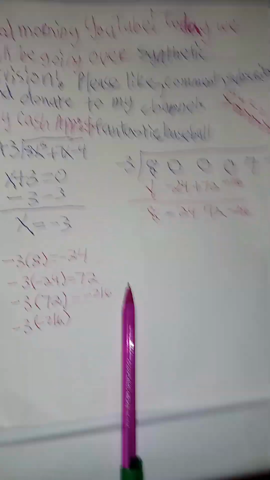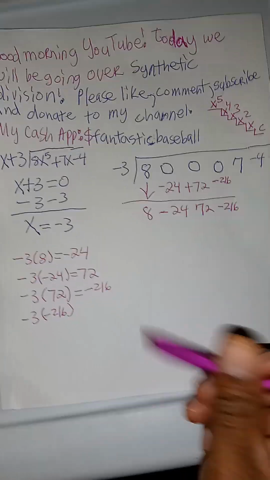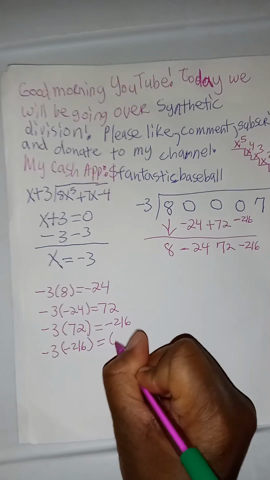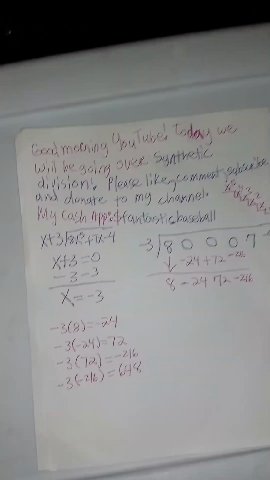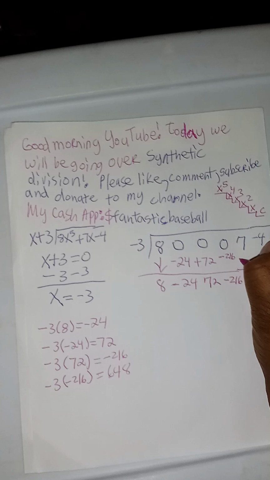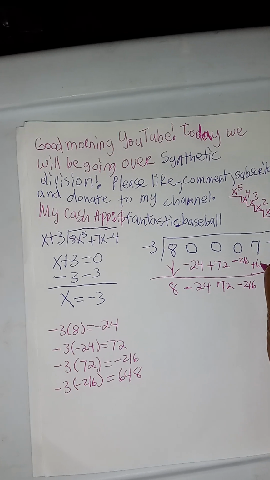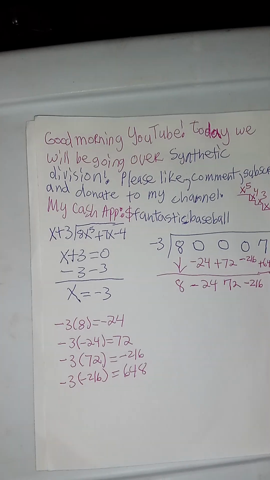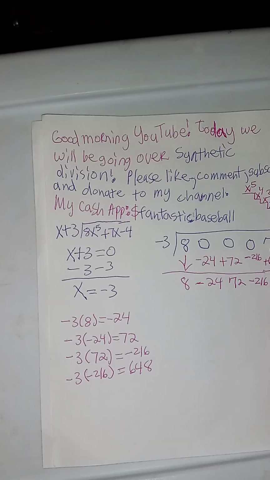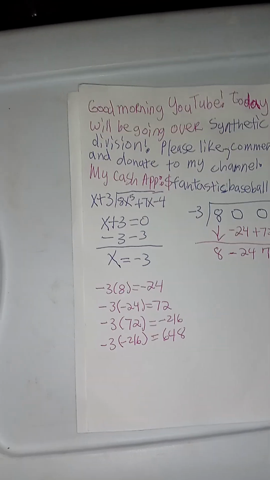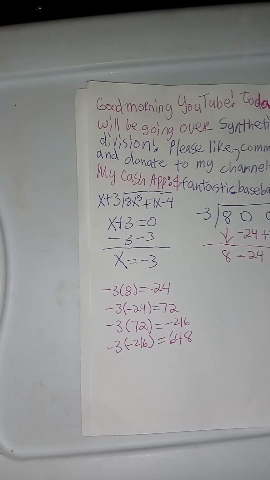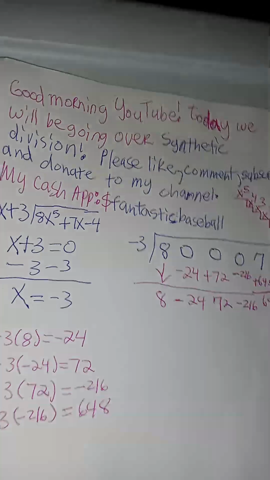So plus 648, since that is positive. You add them together and we will obtain 655. Let's have that marinate there for a second.